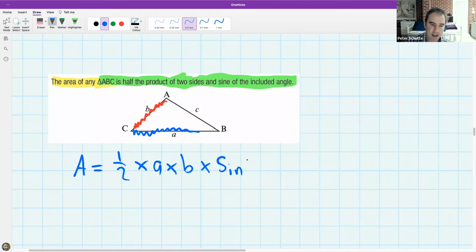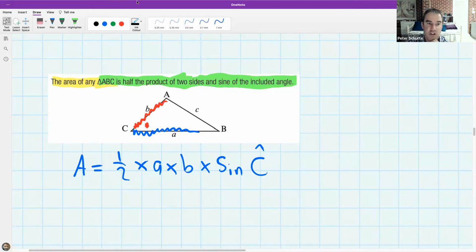I'm going to write sine of something. Can you guys tell me in the chat, what is the angle that needs to go between those two? I'm just going to wait a moment to make sure that you can. Okay. And it's going to be big C because that's hiding over here.